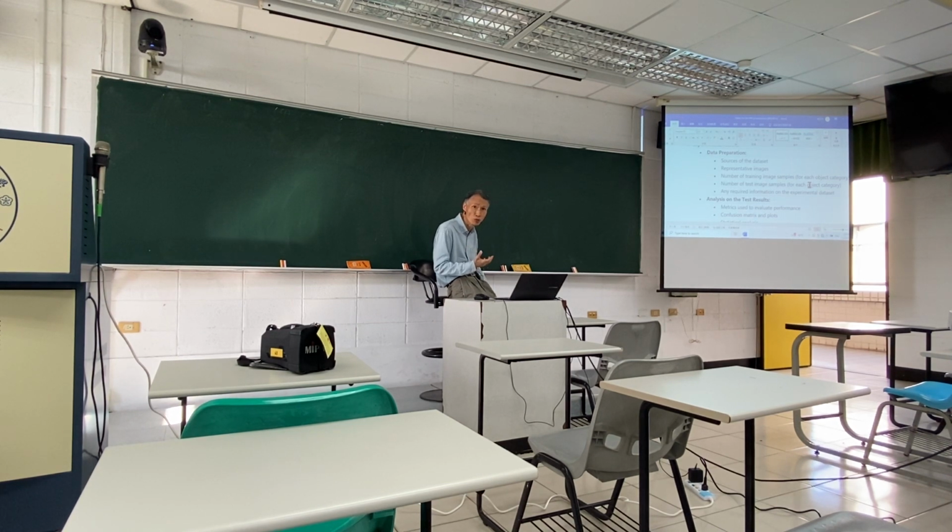And also give the number of testing images for each object category, and any additional information that might be required. So the first part talks about how the data are prepared or where you get the data.